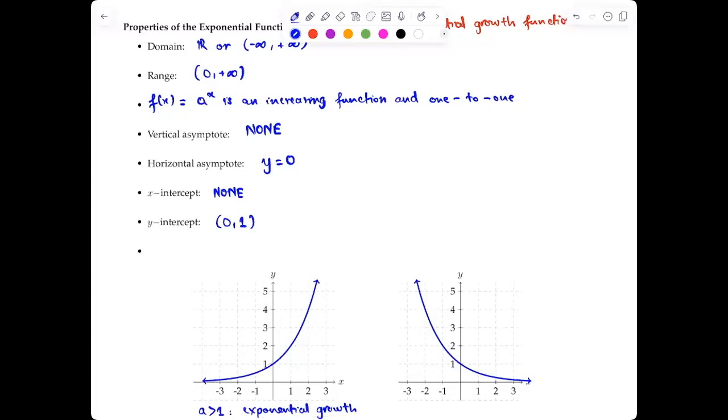The last bullet, I'm going to mention something that may not appear very relevant to us now, but is extremely relevant to what we're going to learn in Calculus 1: the graph is smooth and continuous, with no corners or gaps.